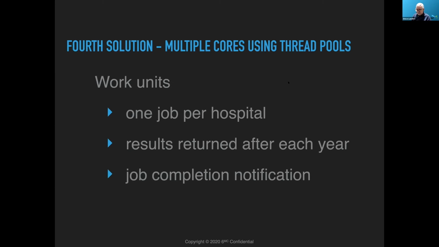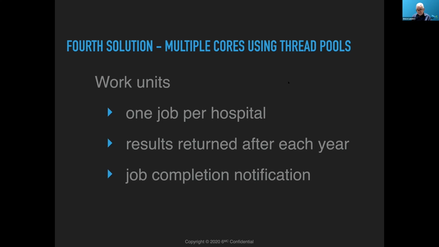Now, my particular application here is particularly well suited to using thread pools, and the work unit I use is one job per hospital. The reason for that is that for some of the measures I need to guarantee the processing order, because they do 1 and 5 year changes. So one job per hospital, it then calculates in order all the years' values.